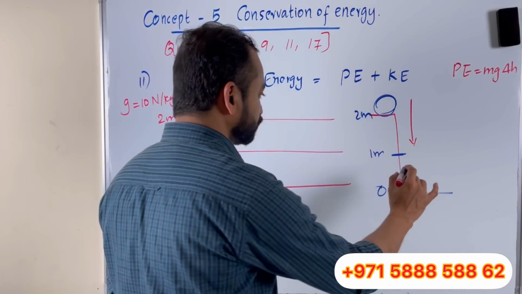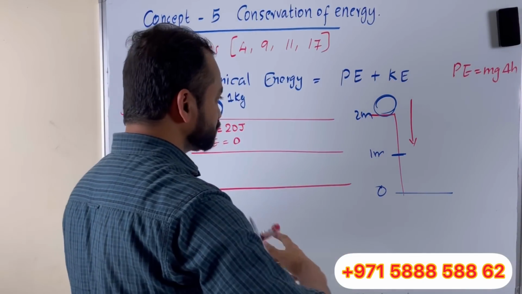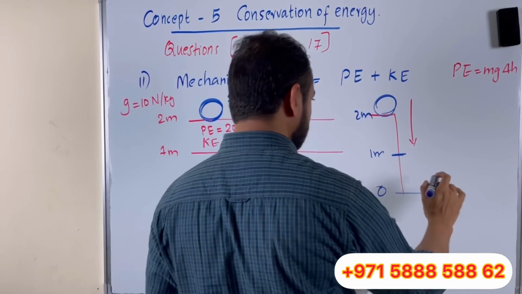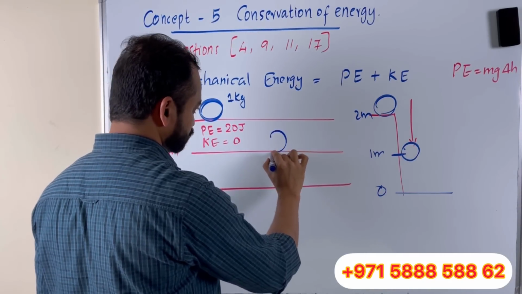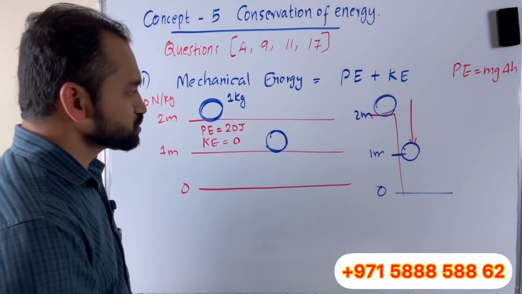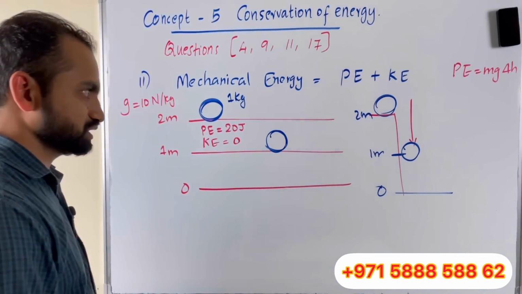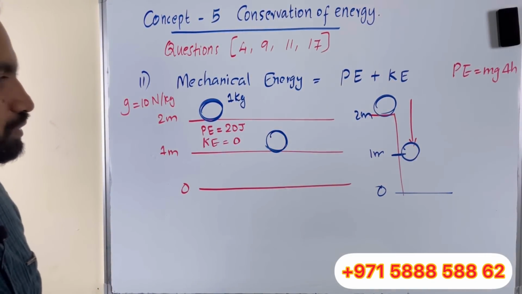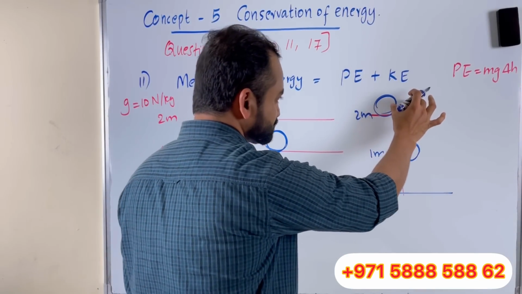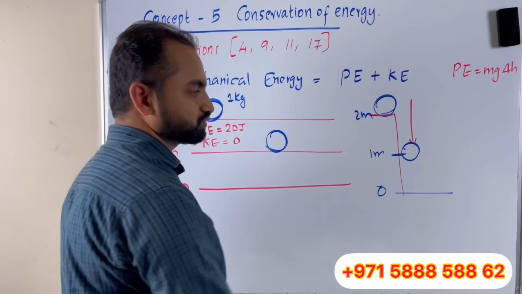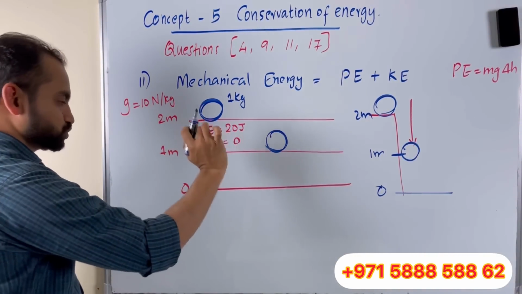So when the ball falls and reaches the midpoint, what about its potential energy? Potential energy will become 10 joule, because now the height has decreased to half of the initial height. The initial potential energy was 20 joule.